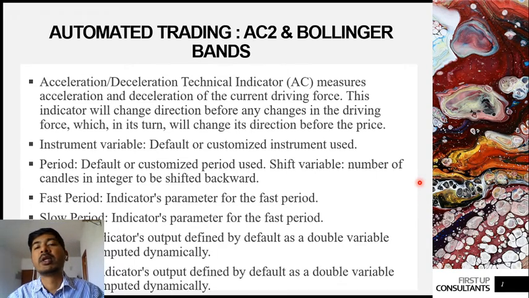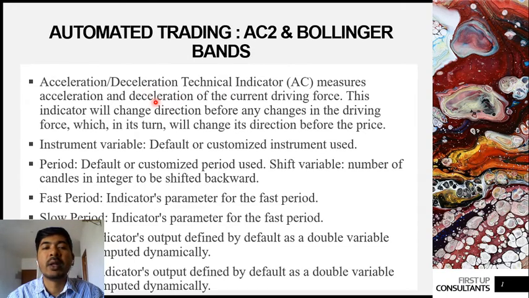The only thing which we will be continuing to use is this AC2, which we will use to determine the change in trend from bullish to bearish or from bearish to bullish, and the Bollinger Bands will help us stay with the trend, which will be pretty handy. I hope most of you are aware of the nitty-gritties of the AC2. Still, you can go through these details.